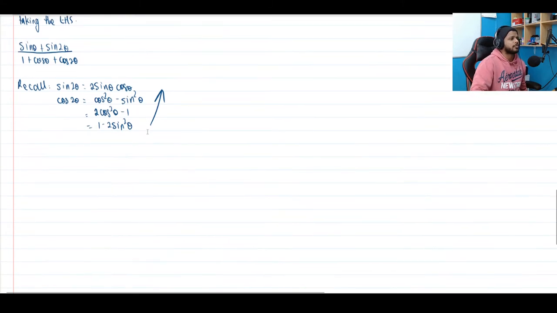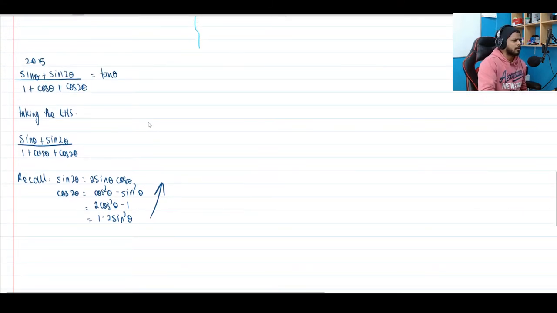I'll continue the proof on top. Sine theta plus 2 sine theta cosine theta all over 1 plus cosine theta plus. Now what are you going to substitute here? Let me try a thing. I'm going to try and substitute my identity in terms of cosines only.